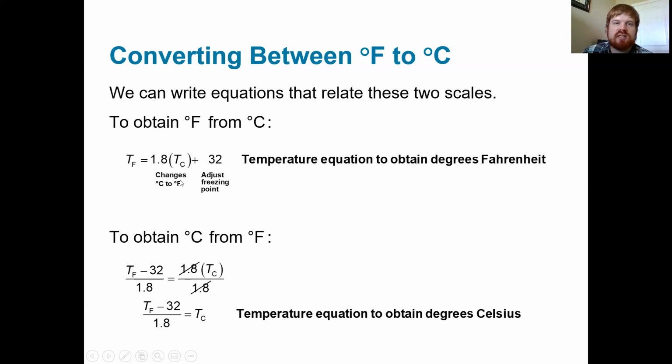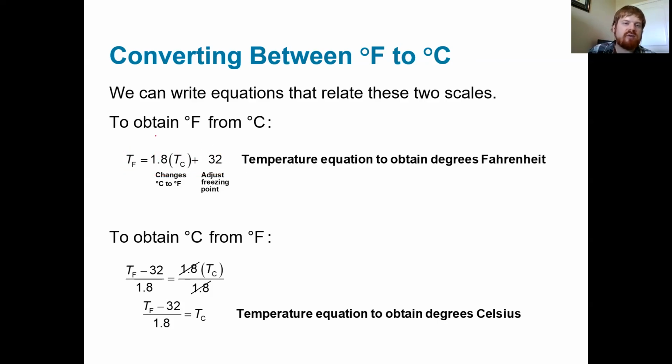But we also have to adjust the 0 point, the freezing point. So we add 32 to account for the 32 degrees difference between the freezing point of water in Fahrenheit versus the freezing point of water in Celsius. So here's our final equation: the temperature in Fahrenheit equals 1.8 times the temperature in Celsius plus 32.